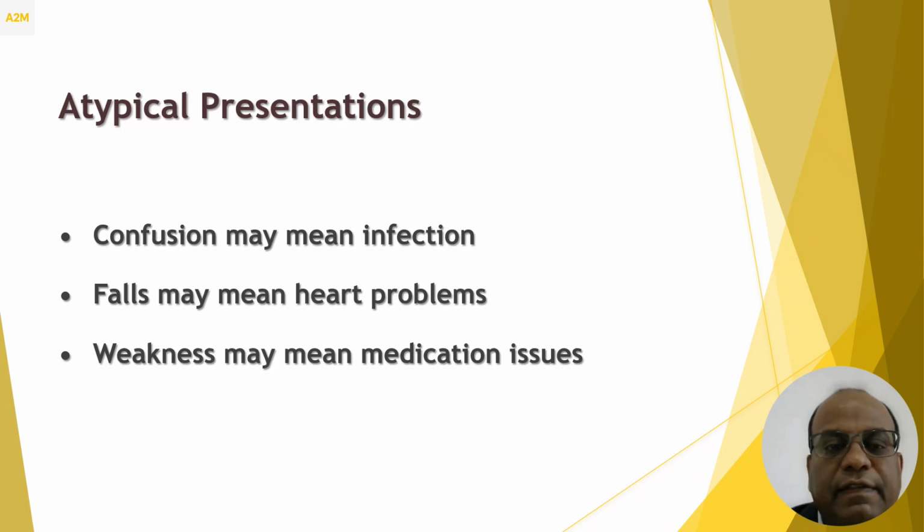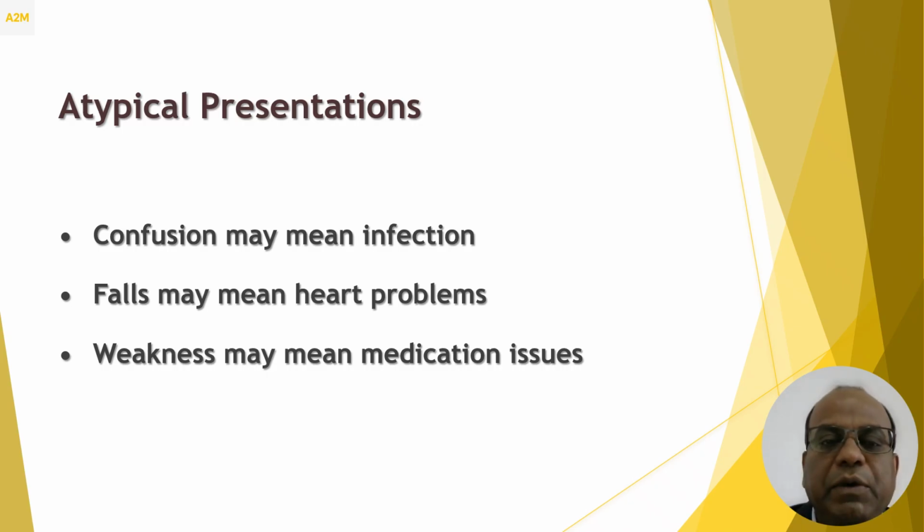The reason for these strange presentations is that older bodies respond differently. Their immune system may be weaker, so they don't develop fever. Their nervous system may be slower, so they show confusion instead of pain.